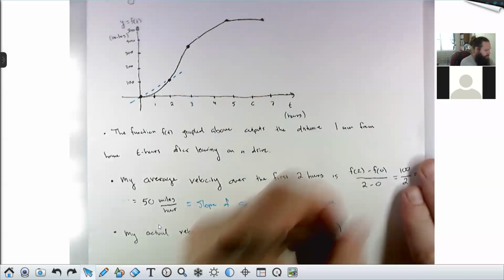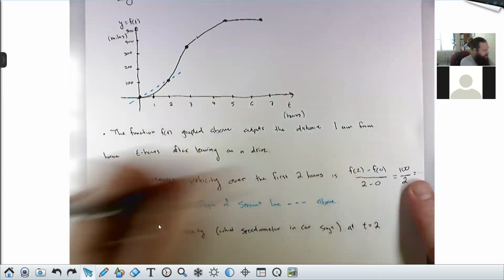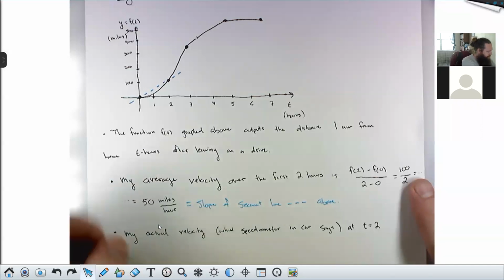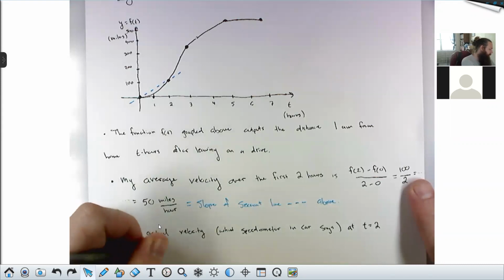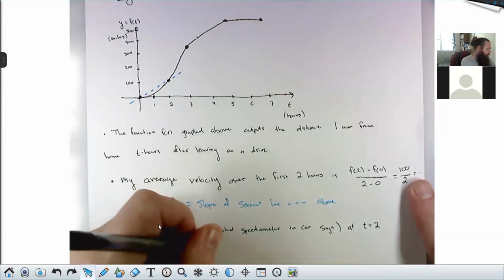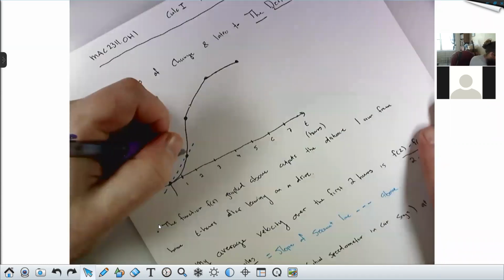So let's say at t equals 2, this is a little harder to calculate. But I can tell you geometrically what it would be.